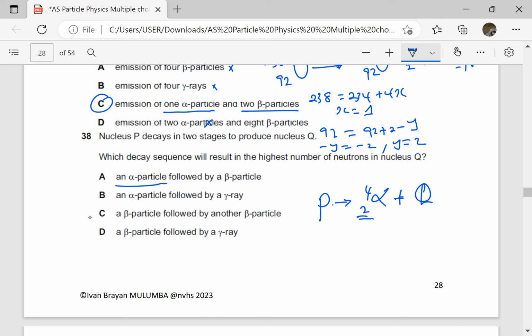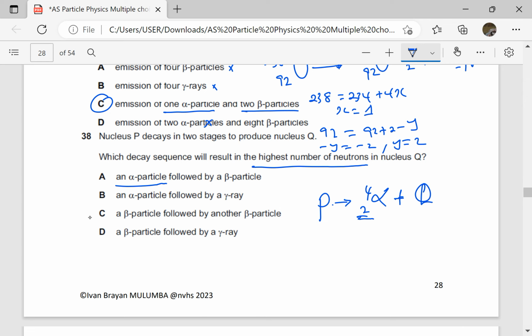We want the highest number of neutrons. Then let's say an alpha particle followed by gamma radiation, proton number reduces by 2. It means the number of neutrons has reduced.